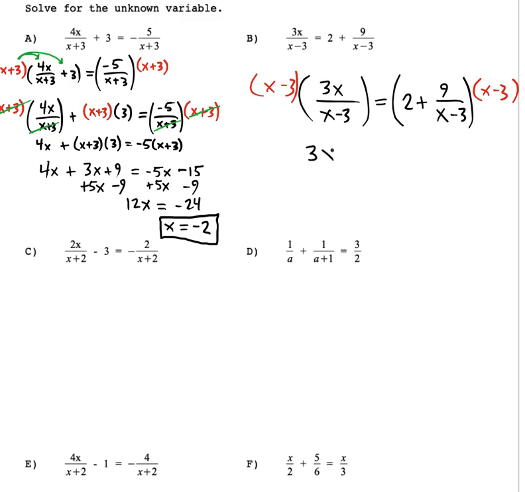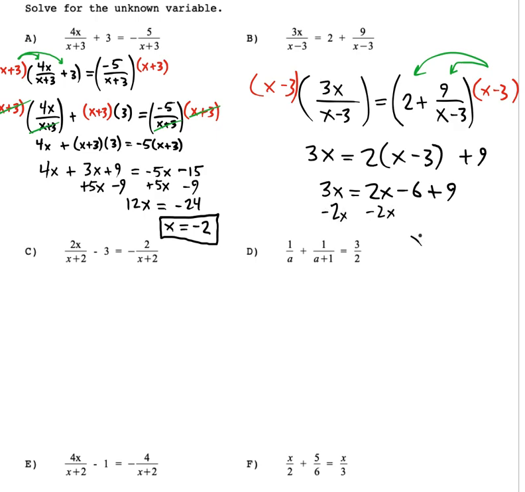We'll get 3x equals 2 times x minus 3 plus 9 after we distribute this and cancel it. We'll have 3x equals 2x minus 6 plus 9. Looks like we'll have x equals 3.